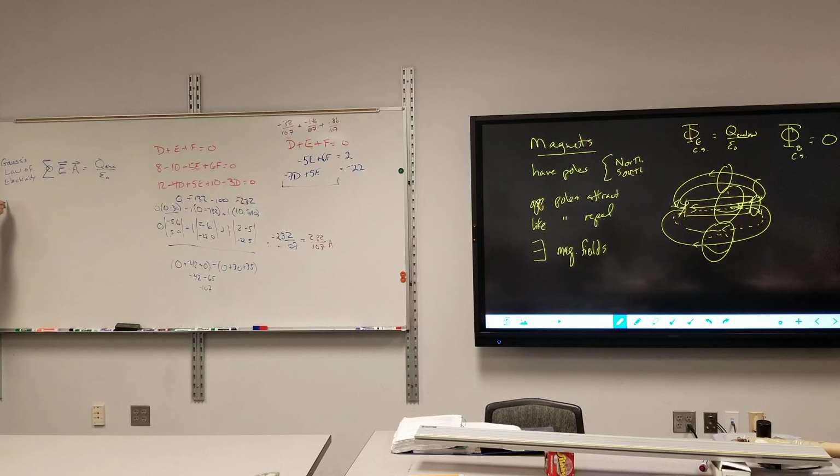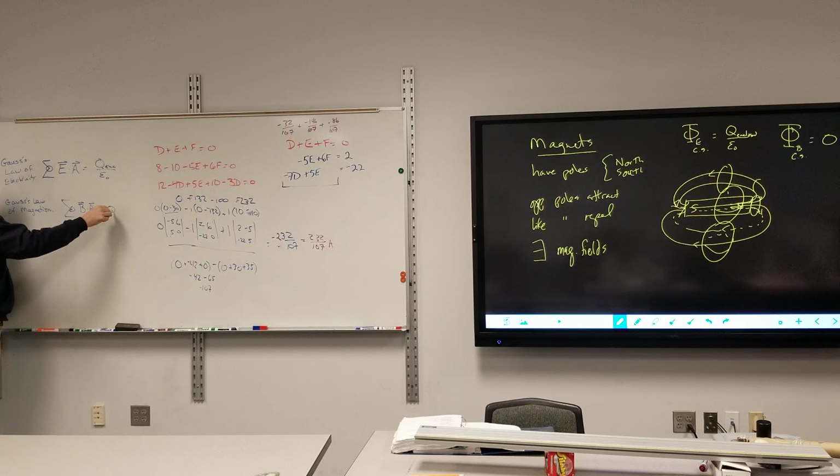We now hand waved through it, but there's Gauss's law of magnetism, which basically says if I add up the magnetic flux through any closed surface, it's going to be equal to 0.